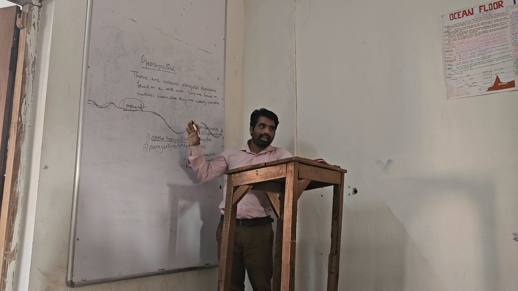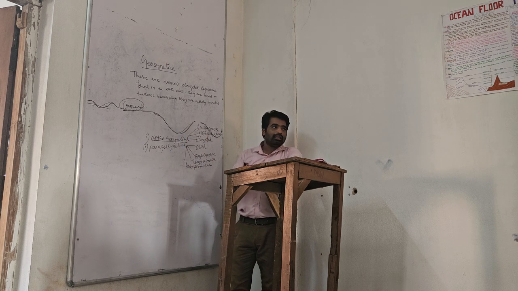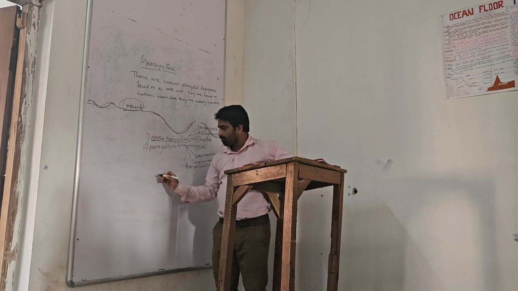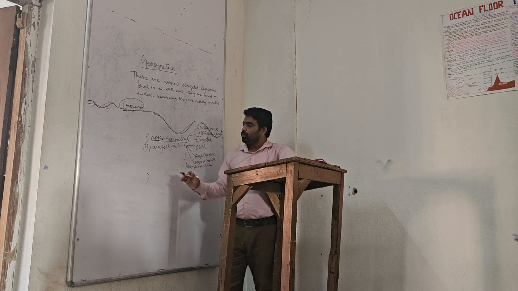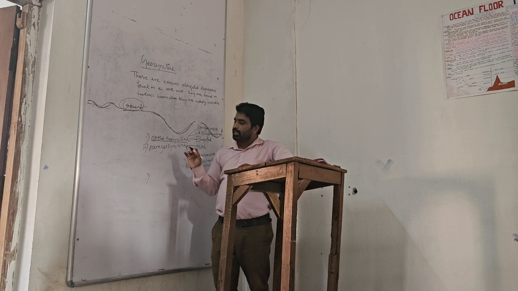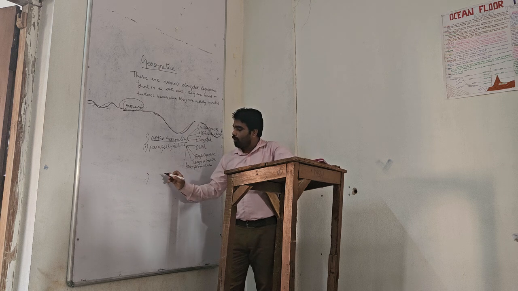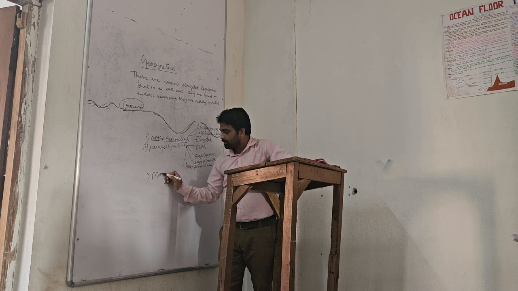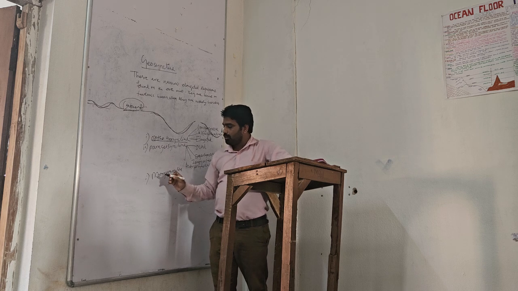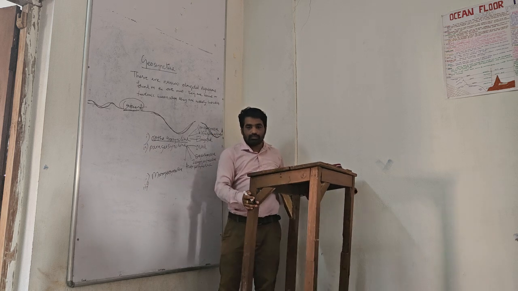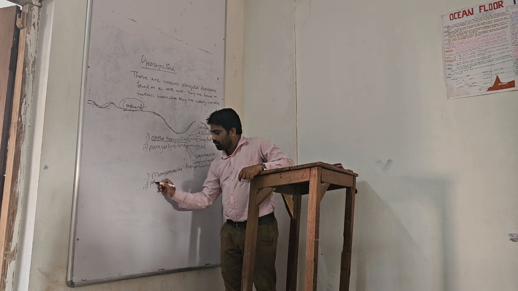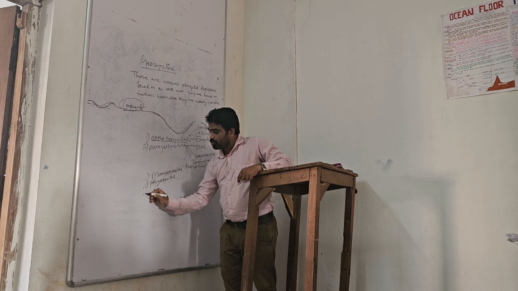This is one type of classification. Another type of classification, which has classified the geosyncline into three broad categories: one is monogeosyncline, then polygeosyncline, and mesogeosyncline.